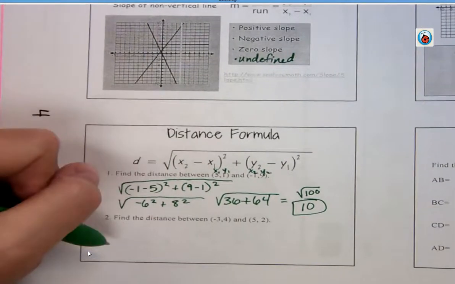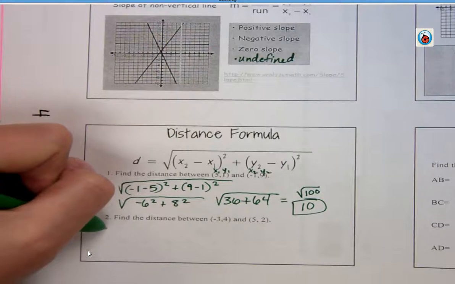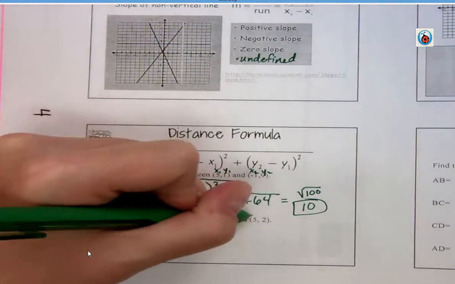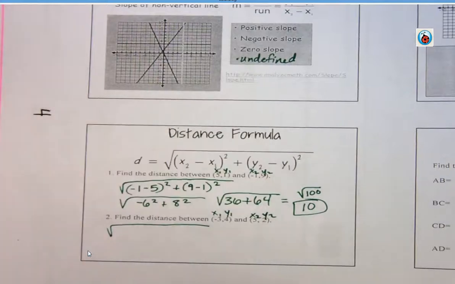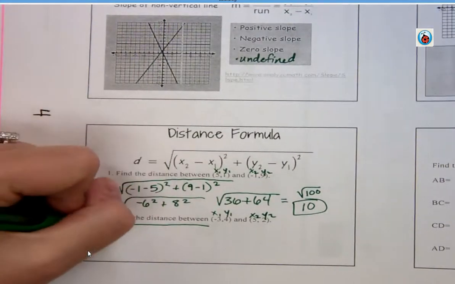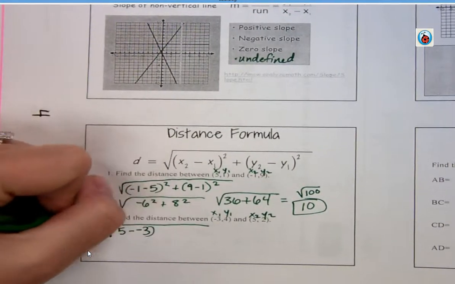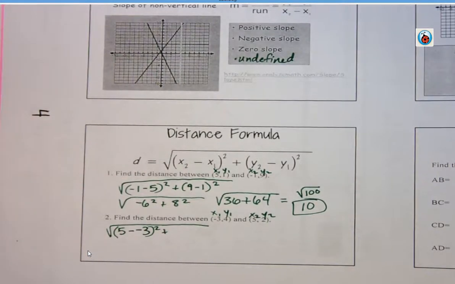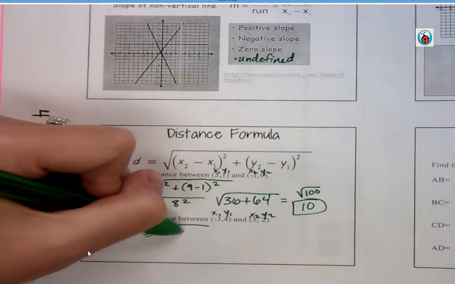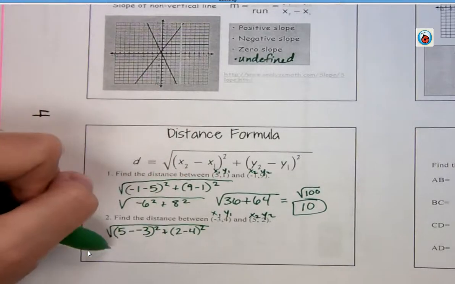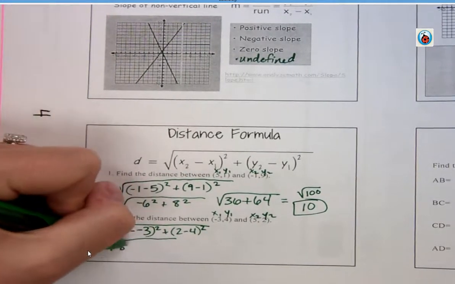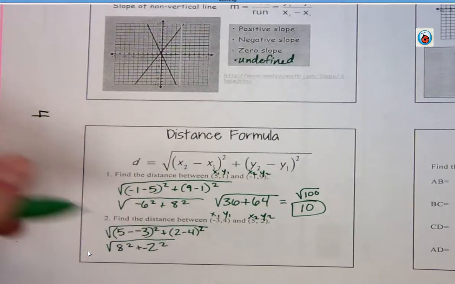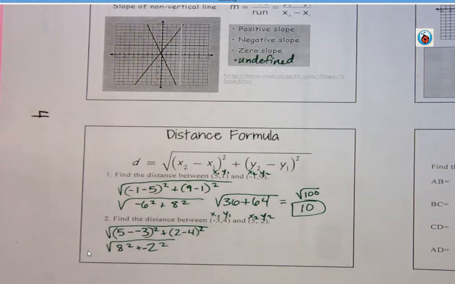Alright, and then this one is a little more difficult. You want to find the distance between these 2 points. So there's our x1, our y1, our x2, and our y2. So 5 minus -3. Remember what happens there. You end up adding it. Squared. Alright, and then 2 minus 4 squared. Got 8 squared and 2 squared. Well, technically -2 squared, but it'll end up being positive.